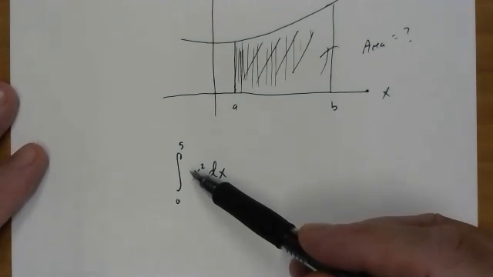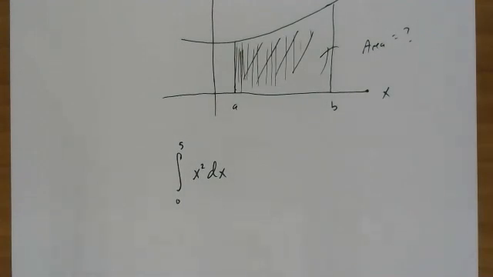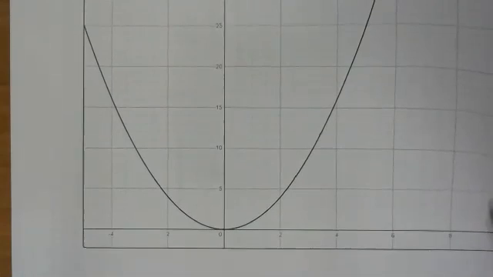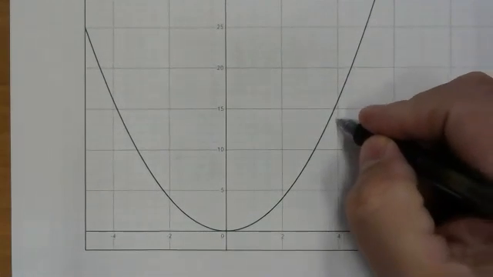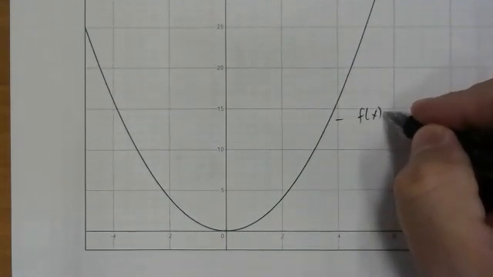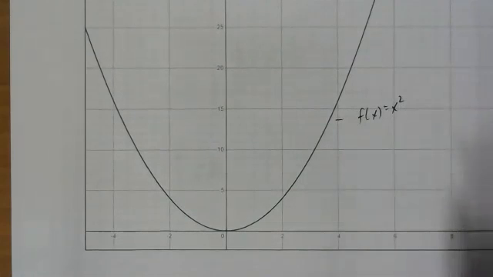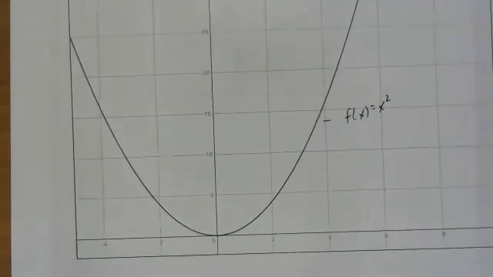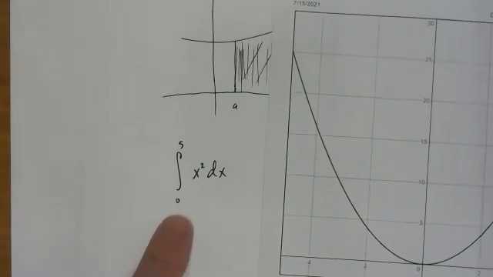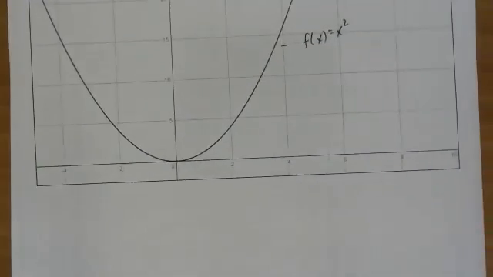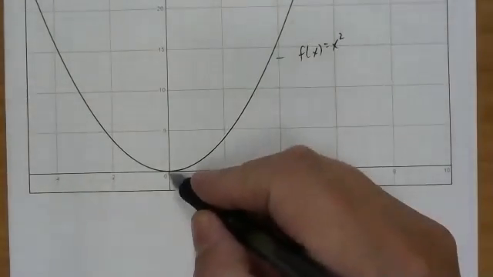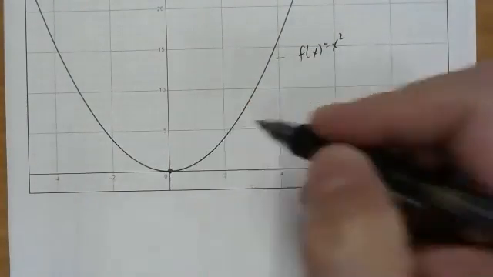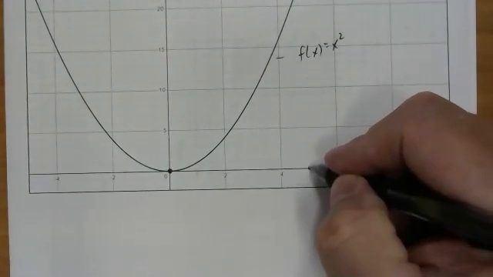I created a graph here, because sometimes in calculus it helps to visualize things. So here's a graph of x squared. Now we're going to go from 0 to 5. So here's 0, and here's 5.